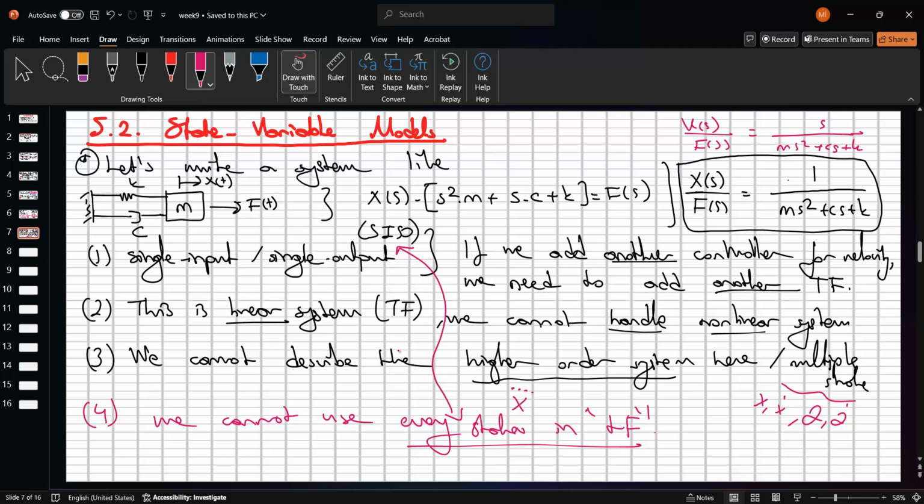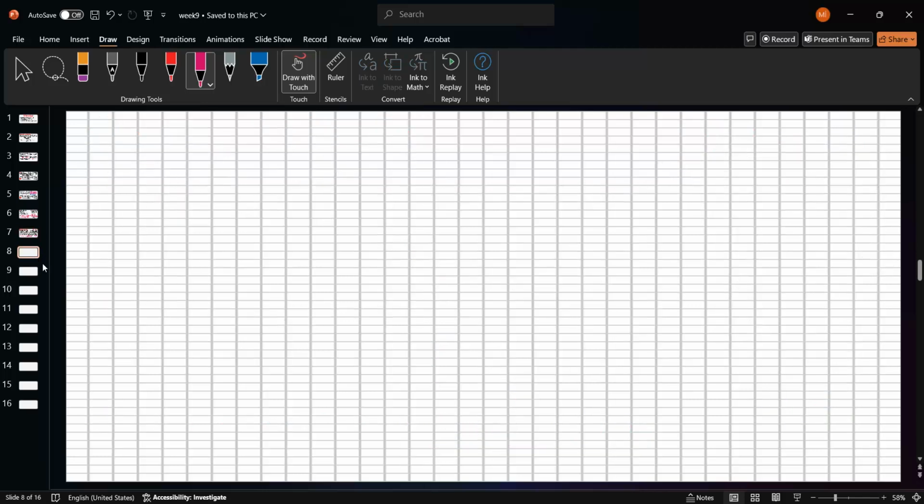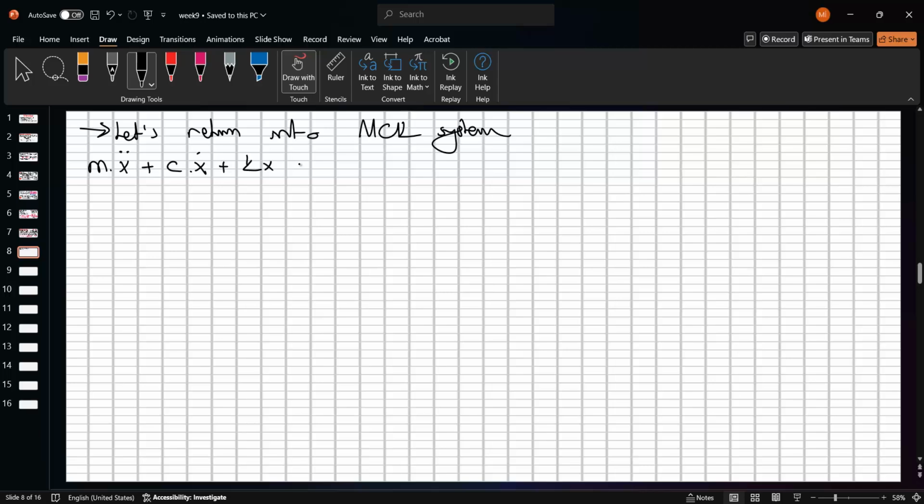Maybe, but we should write everything based on the states or state variables. For example, let's return to the MCK system: M x double dot plus C x dot plus K x is equal to what?